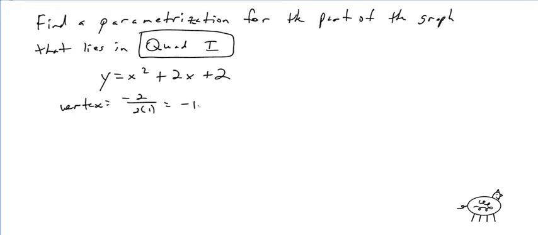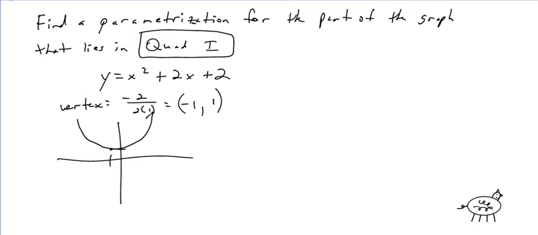So it's negative 1. If I plug negative 1 in there, I get negative 1 squared is 1, 1 minus 2 is negative 1, plus 2 is 1. So my vertex is negative 1, 1. I'm really here. And you guys agree that my graph is going to look something like this.